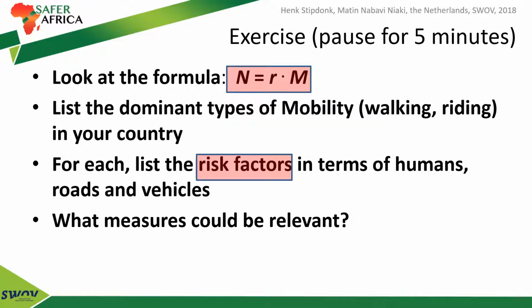And remember, we need measures that will last. So change the infrastructure, change enforcement, regulations regarding vehicle use. We don't like to see statements such as people should be more careful. Being more careful is not a measure, it's just a wish.